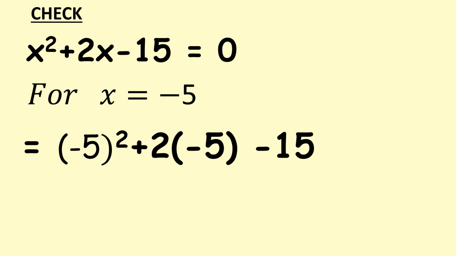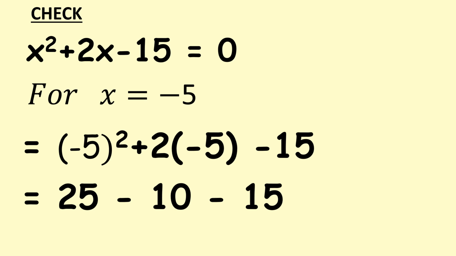Minus 5 squared is 25 because minus times minus is plus, and 5 times 5 is 25, and 2 times minus 5, that's the second term, is minus 10, and then we have the minus 15. 25 minus 10 is 15, and 15 minus 15 is equals to 0. It shows us that x is equals to 3 and x is equals to minus 5 are the solutions to the quadratic equation, whether we use the factorization method or use the quadratic formula.